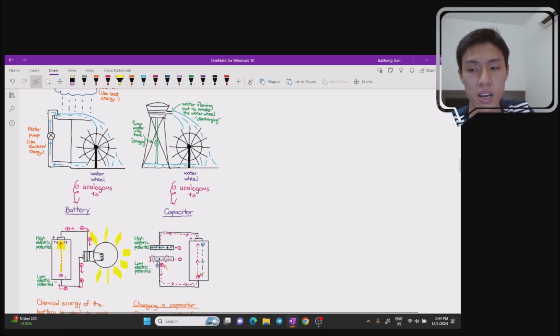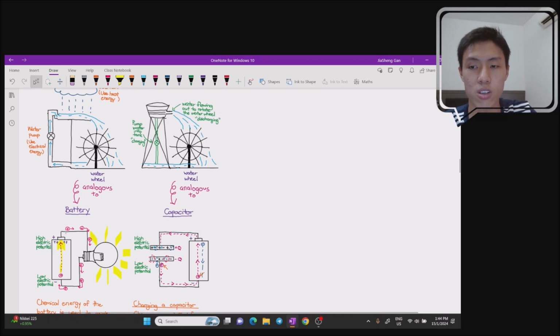Before that it has little to no potential energy at the low electric potential region, but once the battery provides the chemical energy to shift the charges to the high electric potential region, what happens when it exits the battery? It exits the battery with a lot of electric potential energy.